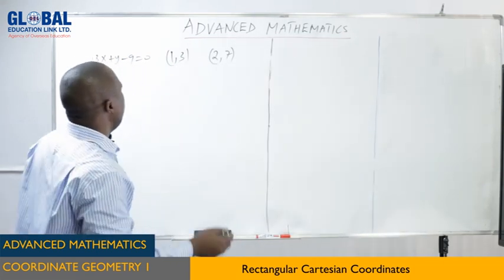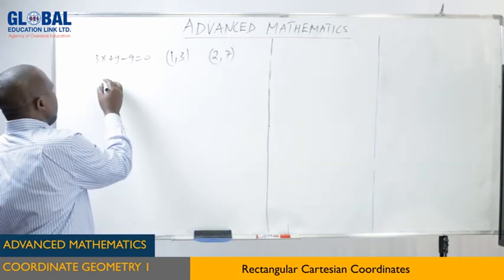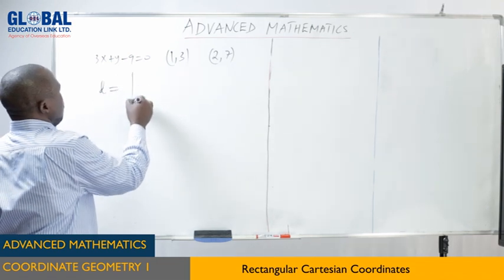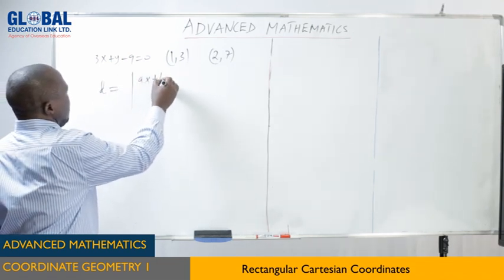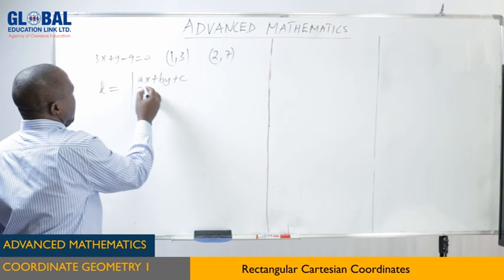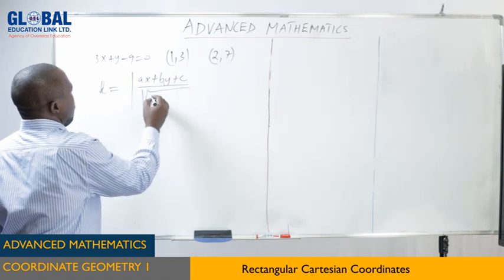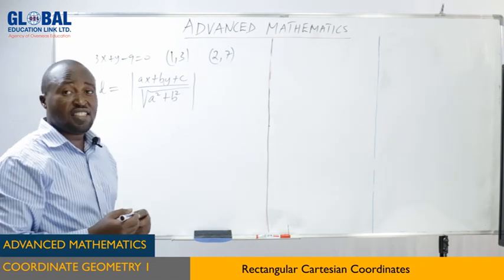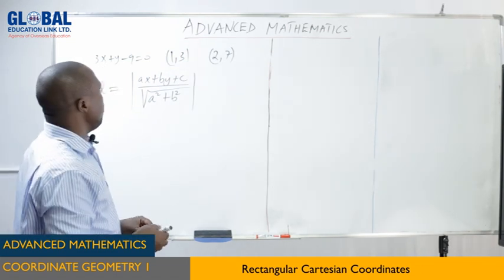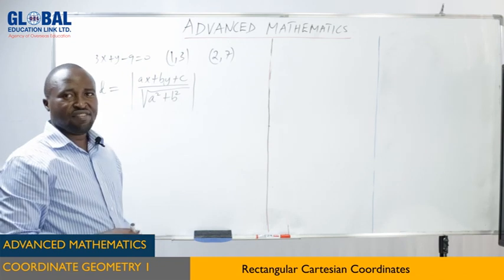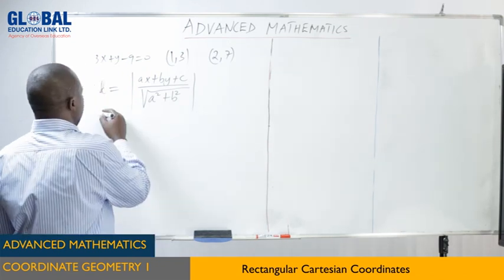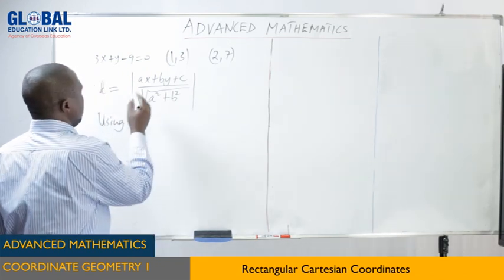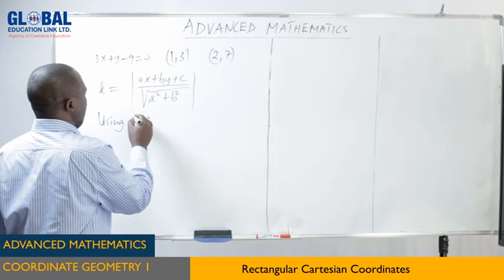So from our general formula, that is D is equal to the absolute of AX plus BY plus C over the square root of A squared plus B squared. That is our general formula. So we are going to start with the first coordinate, say using coordinate 1, that is (1, 3).